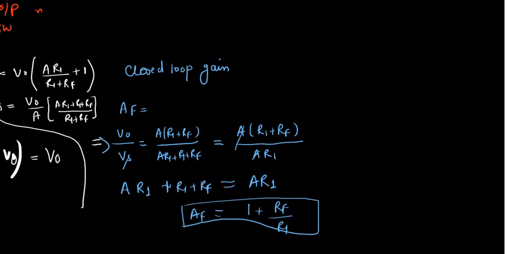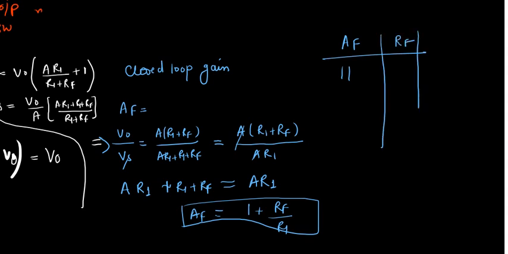For AF equal to 11, if you choose R1 as 1K, you can choose RF as 10K. Correct? Accordingly, you can have various choices. So I would say the best thing is that you have control over AF.